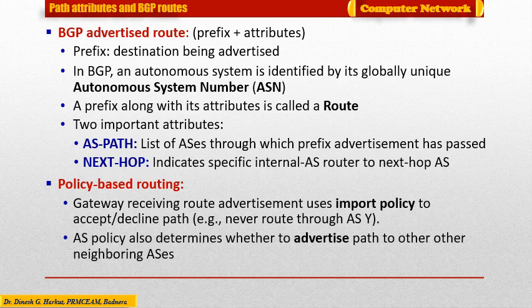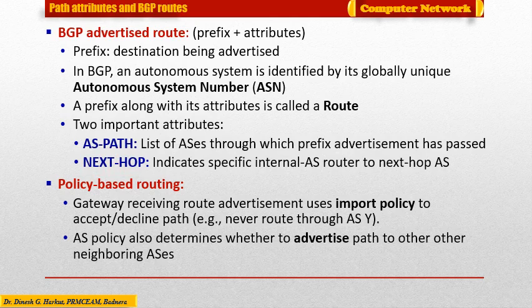In BGP terminology, a prefix along with its attributes is called a route. Thus, BGP peers advertise routes to each other. Two of the most important attributes which constitute the route are AS path and next hop.